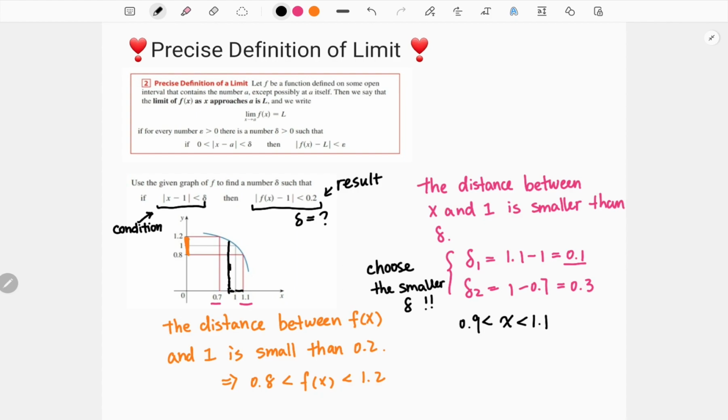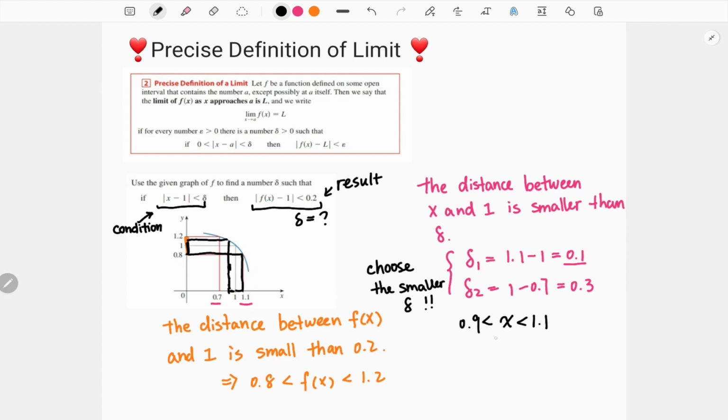So we go up here, and up here, and then up here. So this will be our y value. We can see this range is within the orange range, which satisfies our condition.